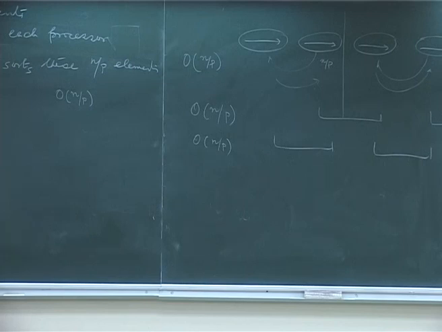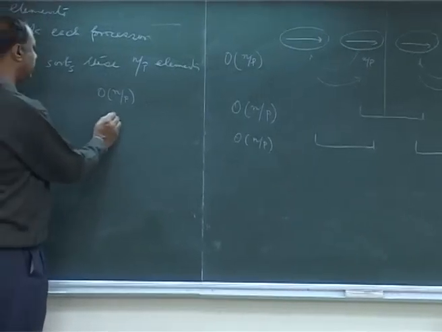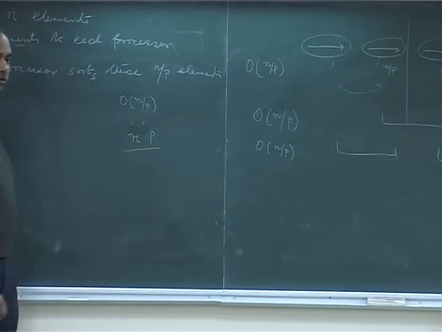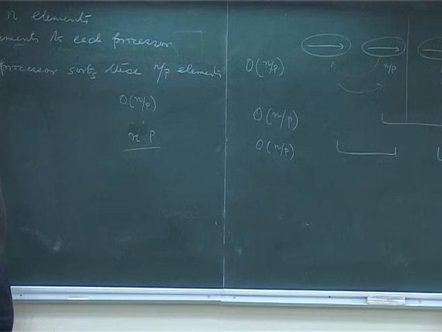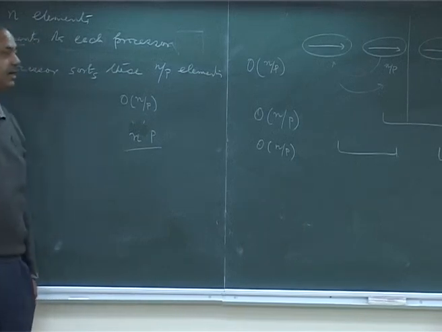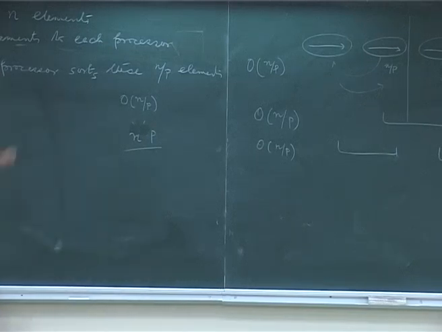So, order n time is sufficient to sort it using p processors. So, total cost is n into p. So, it is cost optimal if p is of the order log n. Agreed or not? So, you try, the rest you think and try to get whether a similar idea can be used for hypercube or not. First, you think whether a similar idea can be done for mesh.